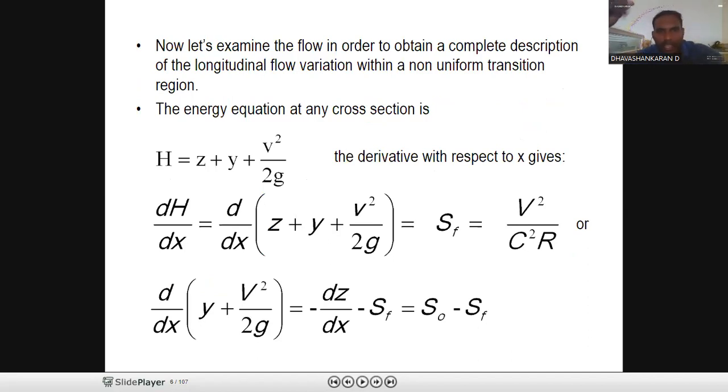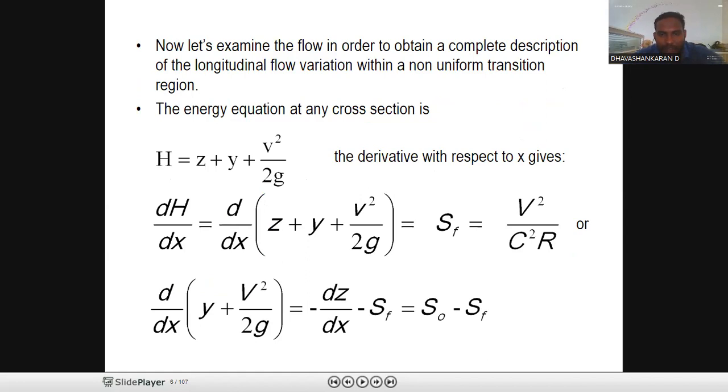Now let us examine the flow to obtain a complete description of the longitudinal flow variation within a gradually varied flow region. The energy equation at any cross section is taken as H equal to Z plus Y plus V square divided by 2g. So this is the first equation.